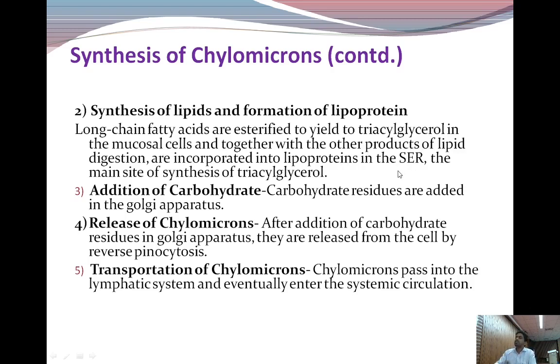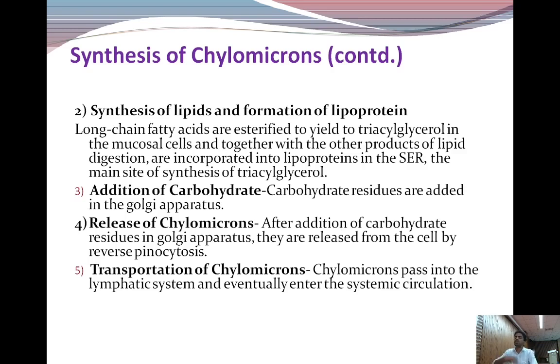So in the smooth endoplasmic reticulum, triacylglycerol and other lipids, whatever we are eating, will combine together and form the core lipoprotein content of the chylomicron, and the ApoB will come from the rough endoplasmic reticulum. Then carbohydrate residue will be added in the Golgi apparatus, and then this chylomicron will be released from the mucosal cells into the lymphatic channel by reverse pinocytosis.